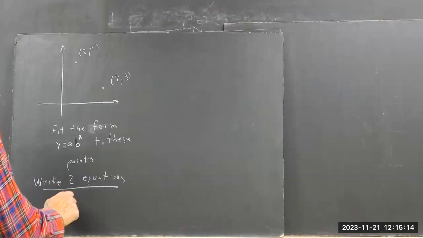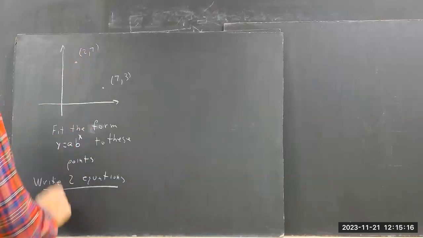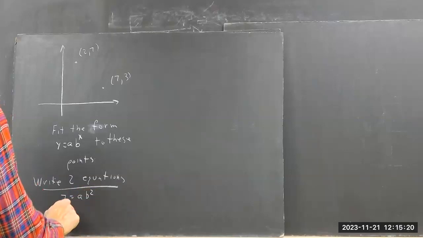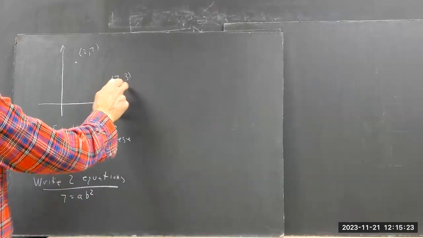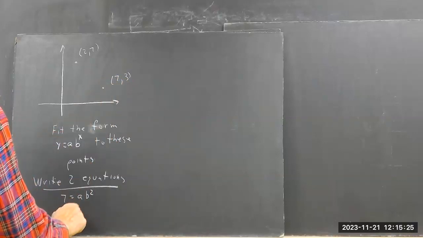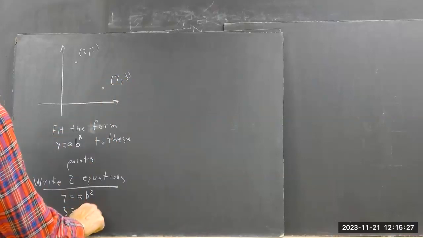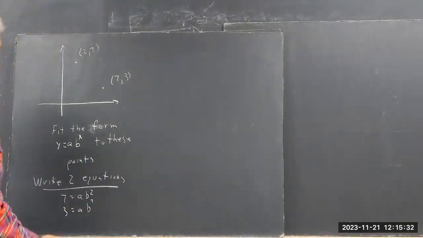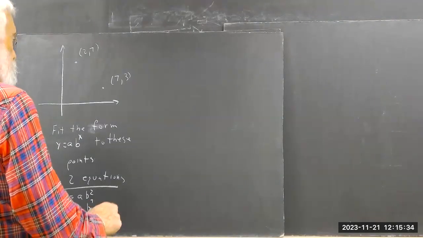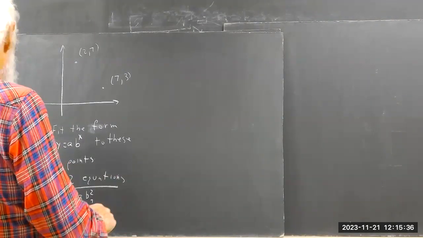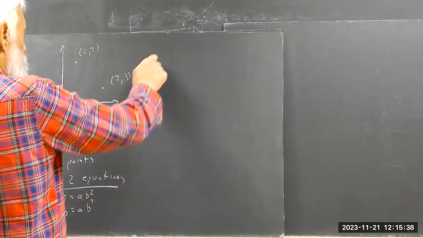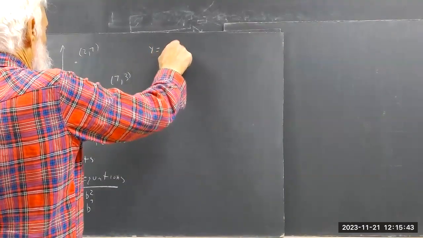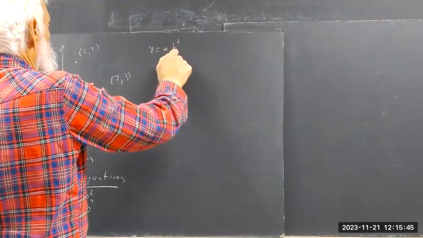Your equations would be, if y is 7 and x is 2, 7 equals a b to the second power. And if y is 3 and x is 7, you get 3 equals a b to the 7th. Now, I'm just going to jot this down quickly because I think you might see it. You solve equations by substitution.